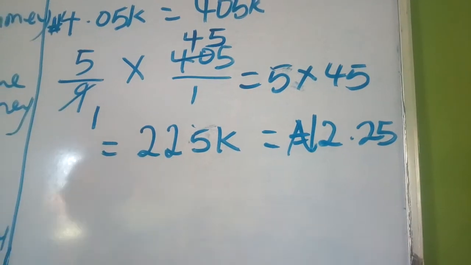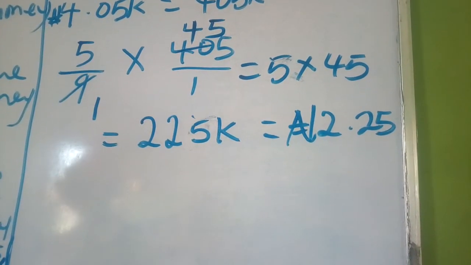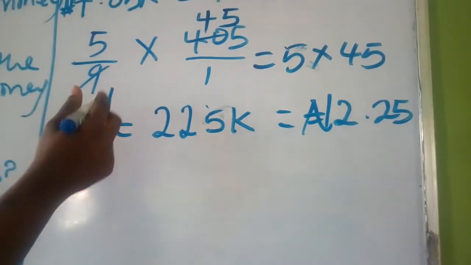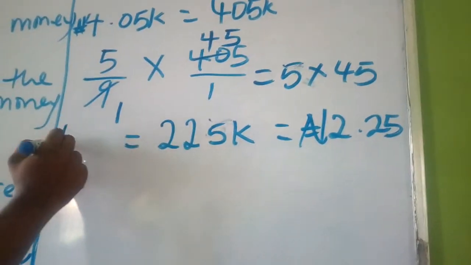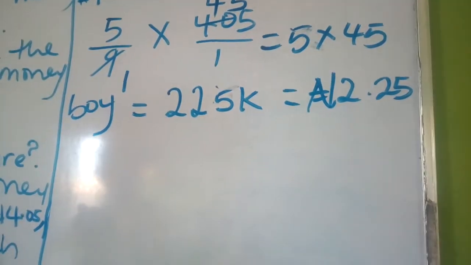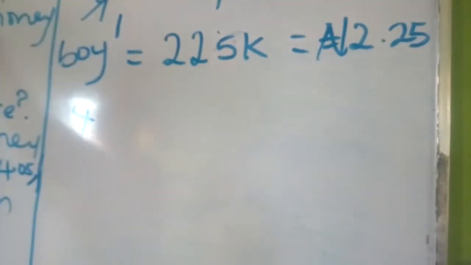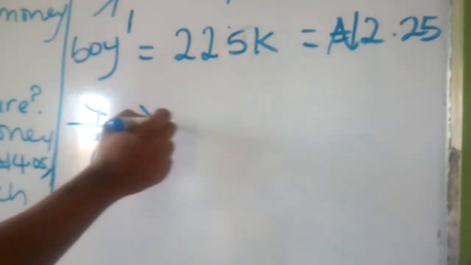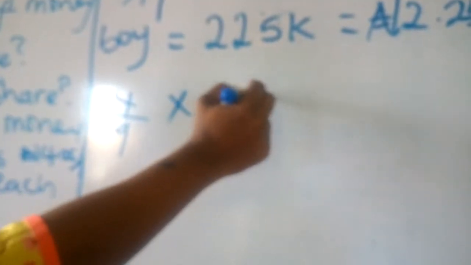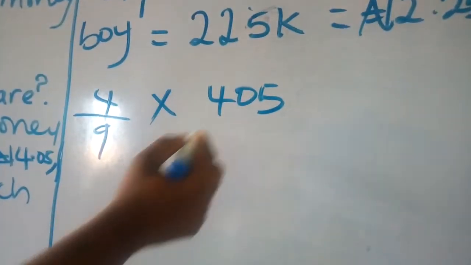Now for the B aspect, because they asked us how much each will get, this first one is for the boy. Now we are going to look for that of the girl. So we use the same one, because the girl's ratio is 4/9 times 405 over 1. Is that clear?